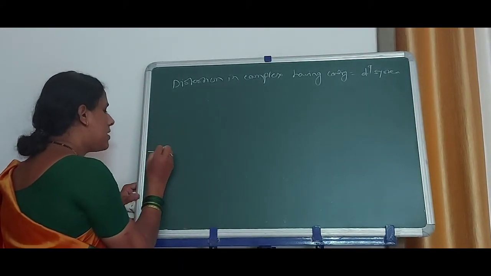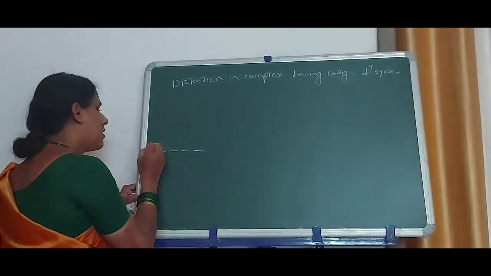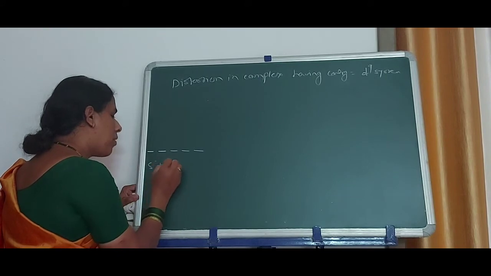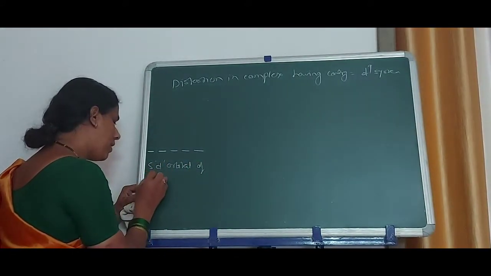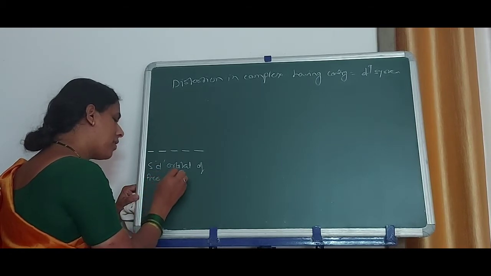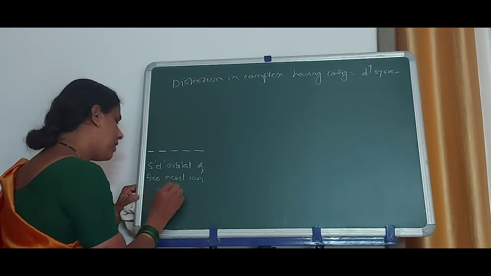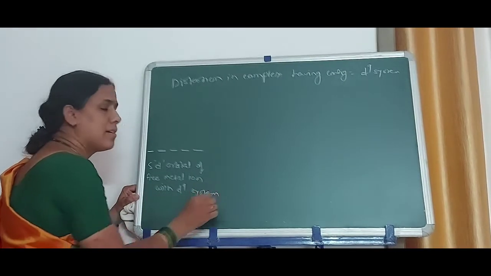Suppose this is the d9 system, the 5 d orbitals of a free metal ion with d9 system.